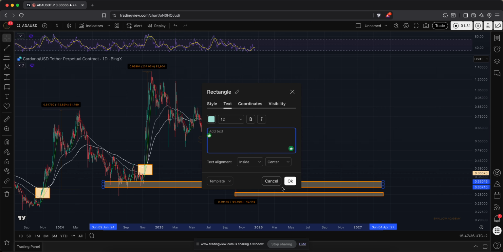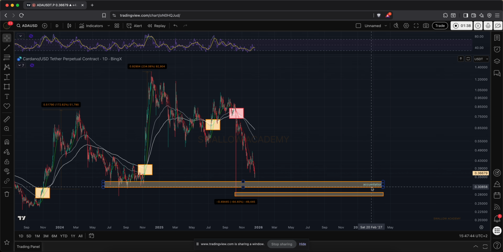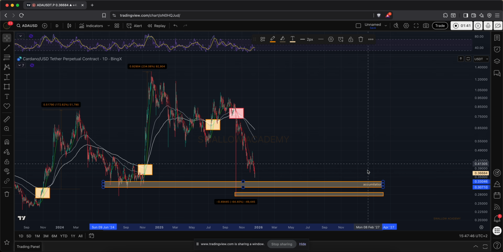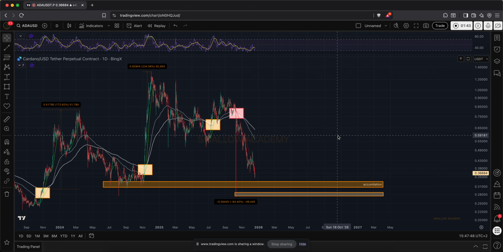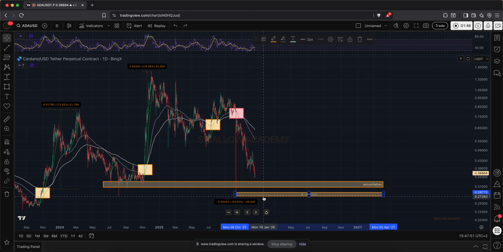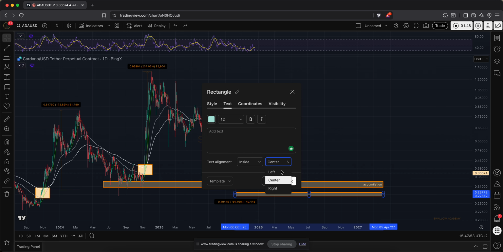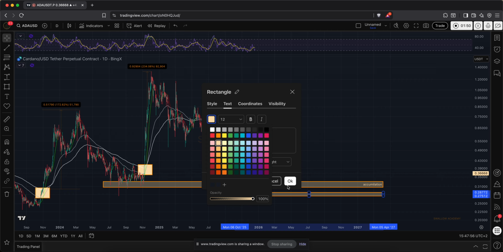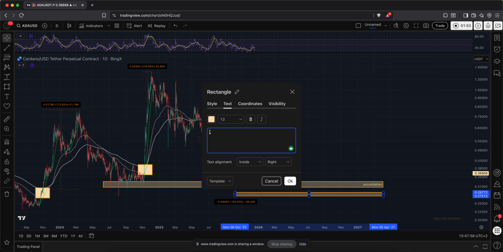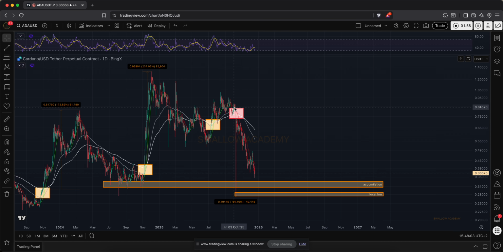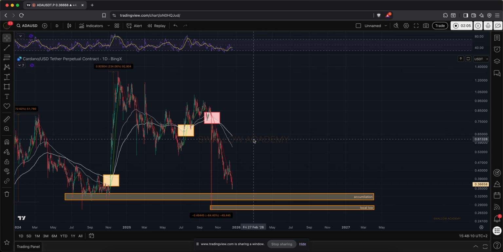We are going to call this the accumulation zone. Now the second area is the liquidity area, which is the local low of the doomsday dip that resulted in a 65% market price movement within minutes, seconds, however you call it.